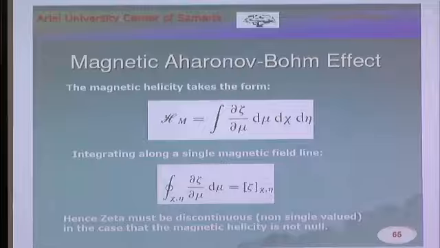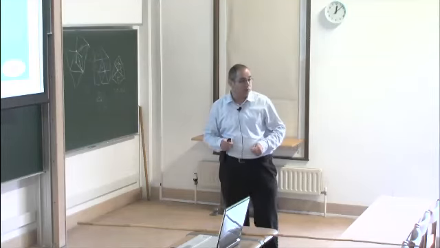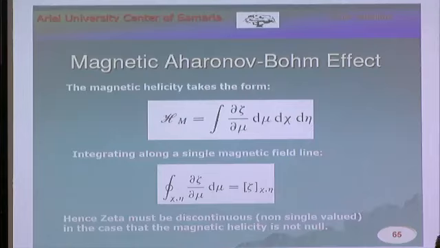Now if you take a single magnetic field line, and you remember that psi and eta are just labels telling you on which magnetic field lines you are, and you look at the integral along this magnetic field line, then you see that unless zeta is a non-single valued function, what you will get is absolutely nothing.